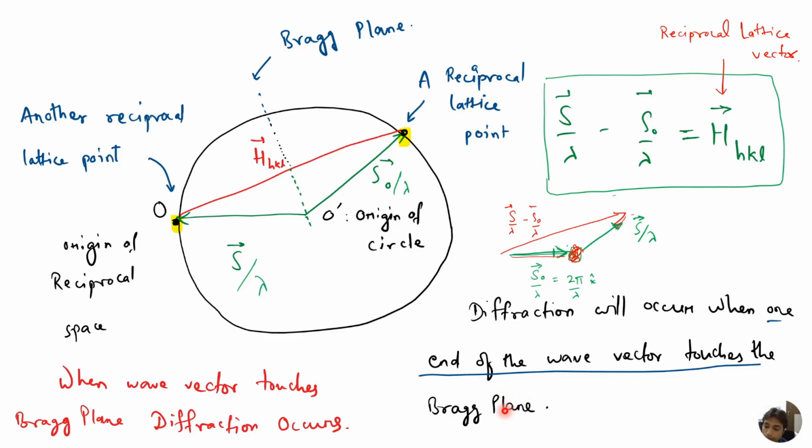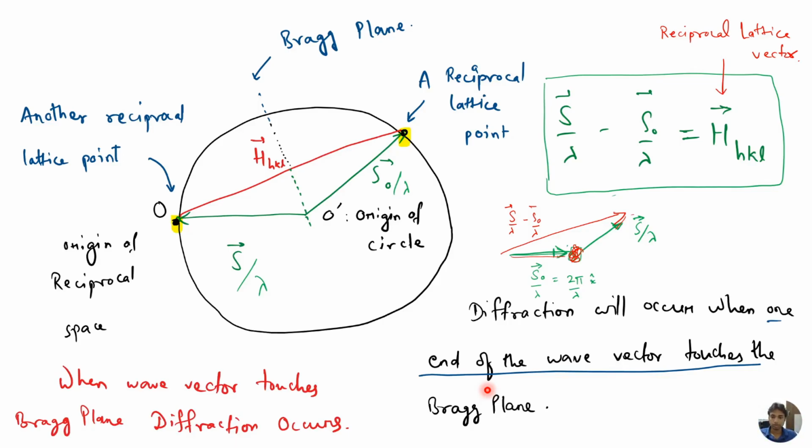What is a Bragg plane? A Bragg plane is the perpendicular bisector of the line joining two reciprocal lattice points. We are talking about reciprocal lattice points, which is an equivalent form that has the information about the crystal of the material.